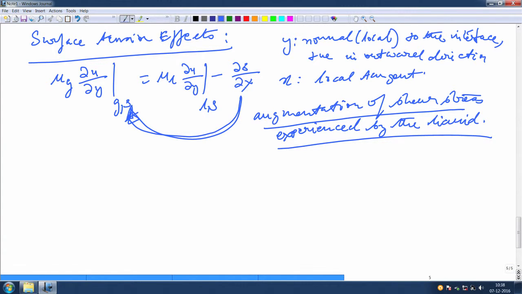That makes sense, right? If there is an augmentation of shear stress, the surface velocities may actually increase when you have this kind of effect. In addition, the surface tension gradient itself can generate flow, like Marangoni flows, which we knew could exist when we first started this discussion.